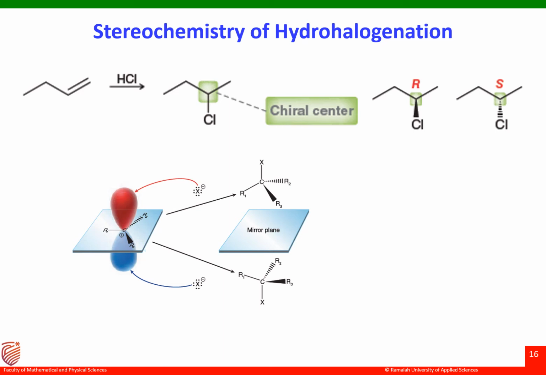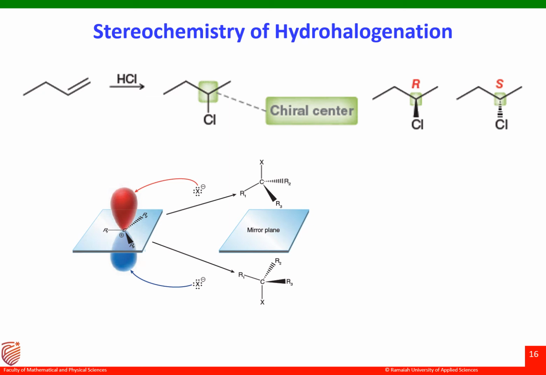In the first step, the pi bond will share its electron to the hydrogen, so the alkene is protonated, leading to the formation of a carbocation intermediate, which is a more substituted and therefore more stable carbocation. Further, the nucleophile is going to share its electron to the carbocation intermediate, leading to the formation of a product. Now the attack can be on either side.